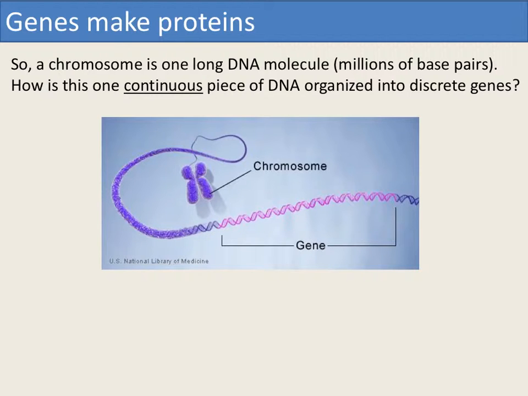In other words, we can transcribe it into RNA and then translate it into a protein. It turns out that you can do a lot of other things with DNA. It also codes for a whole bunch of different species of RNAs that have nothing to do with transcription and translation.